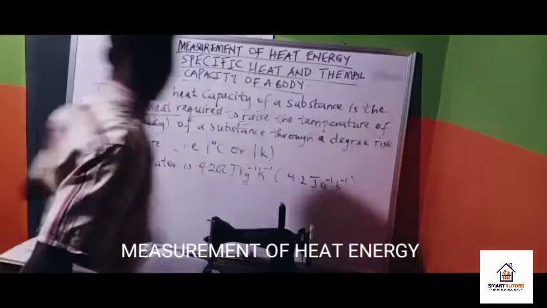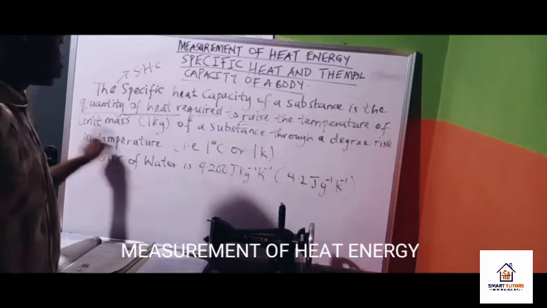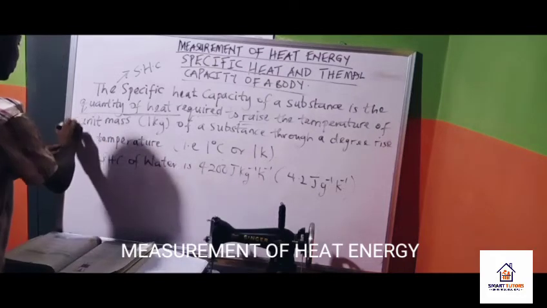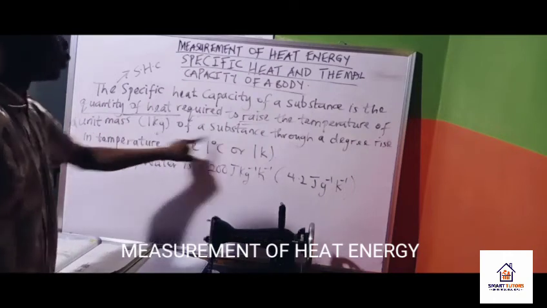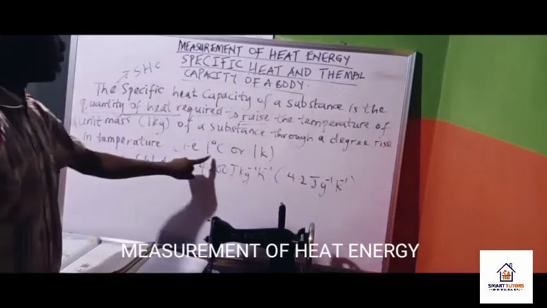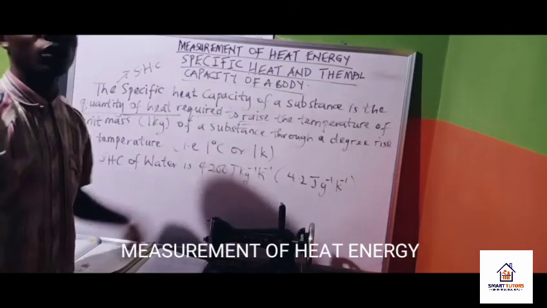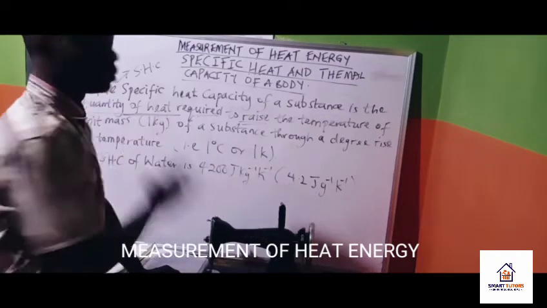Now look at it, 1 kilogram is the same thing as a unit mass. A unit mass, 1 kilogram of a substance, through a degree rise in temperature, that is 1 degree Celsius or 1 Kelvin. So this concept is actually simple.